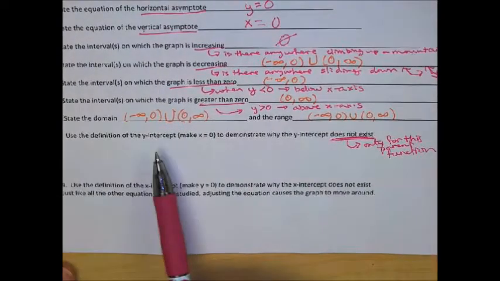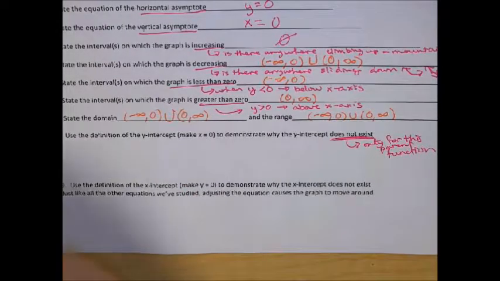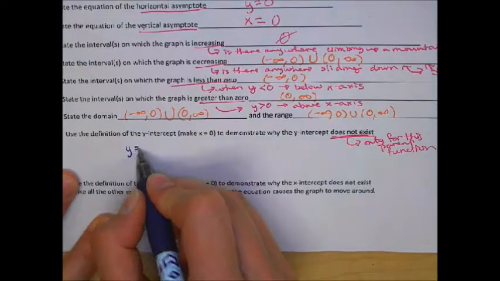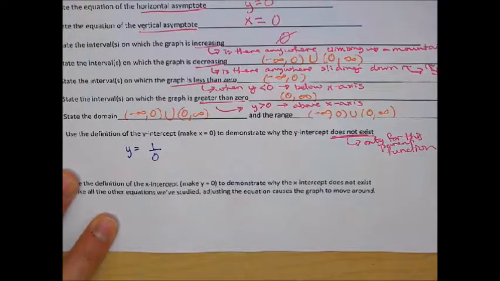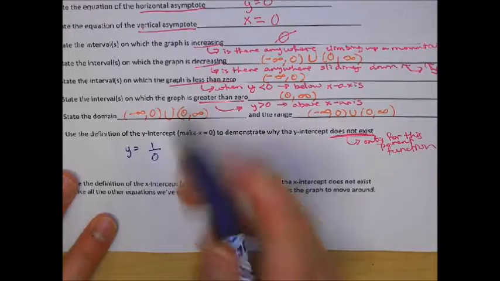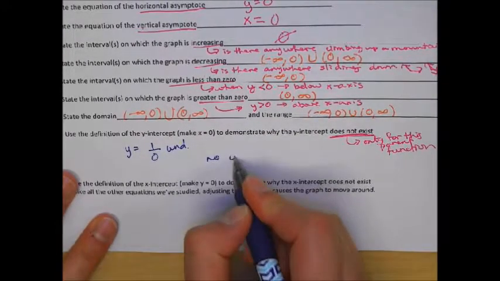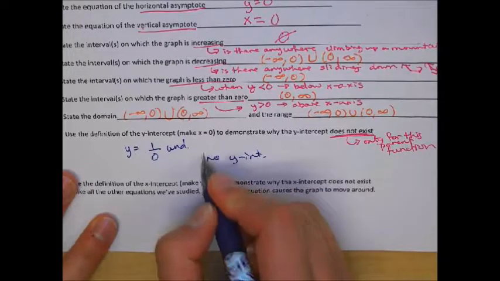So the definition of y-intercept is to make x equal 0. So y equals 1 over 0. I made x 0. I can't divide by 0, so this is undefined. So there's no y-intercept.